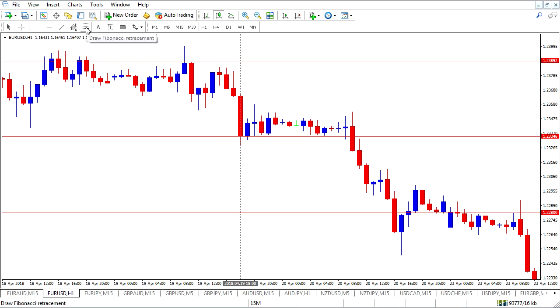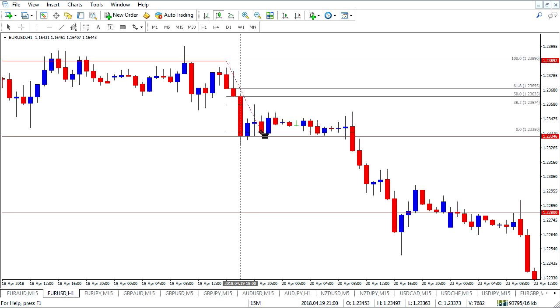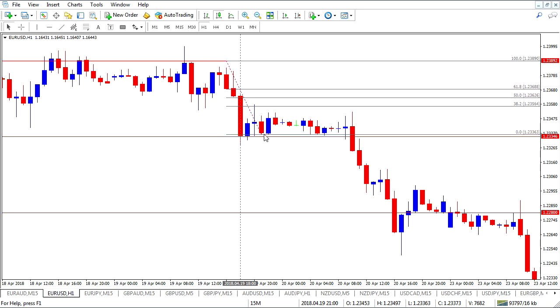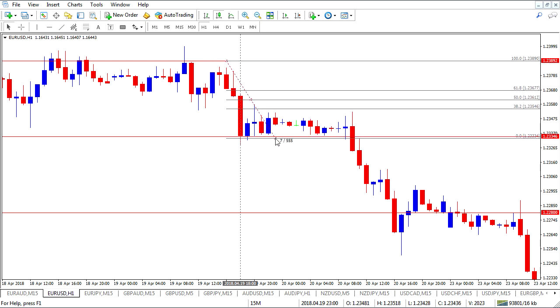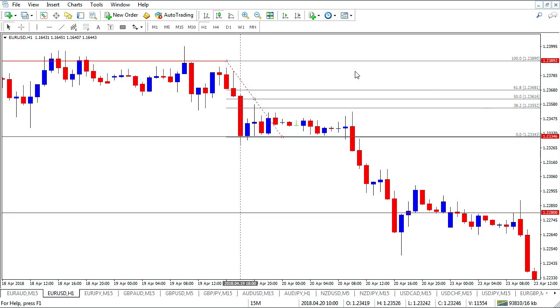So I'm going to get my Fibonacci retracement tool out, and I'm going to connect those two lines, my stop loss and my entry, and what we'll see is the Fibonacci retracement zones, 38.2%, 50%, 61.8%.